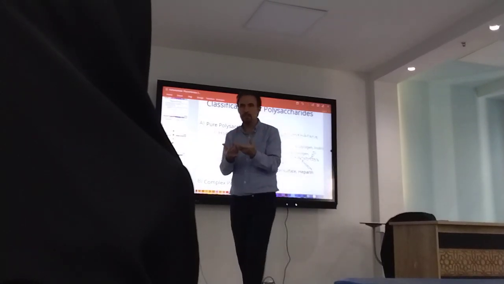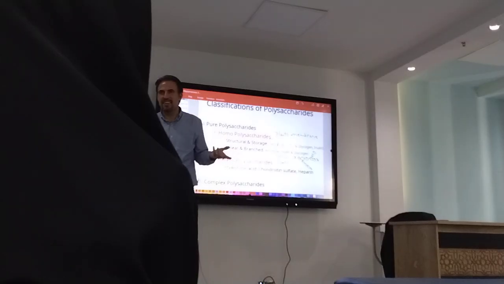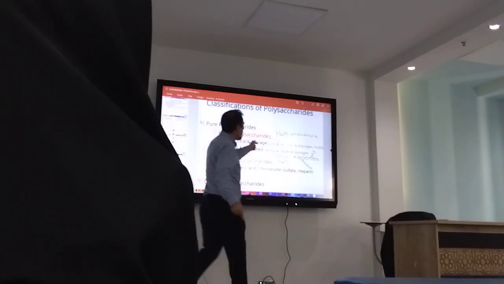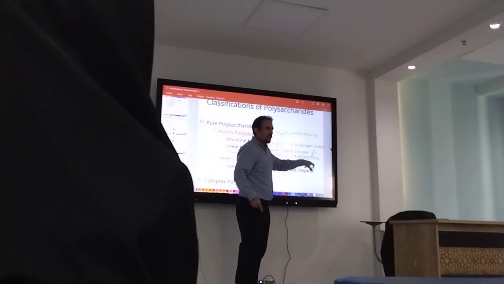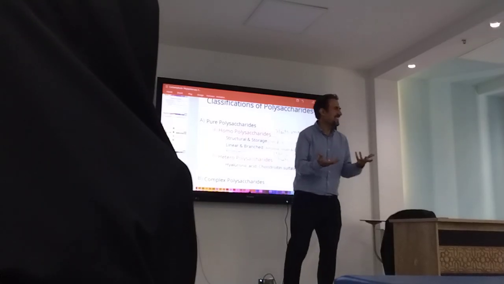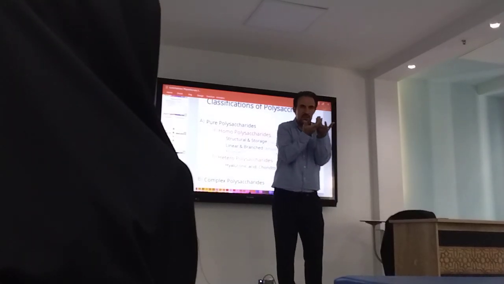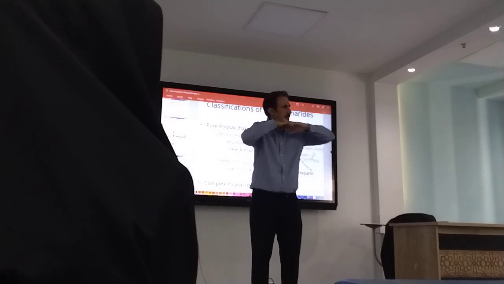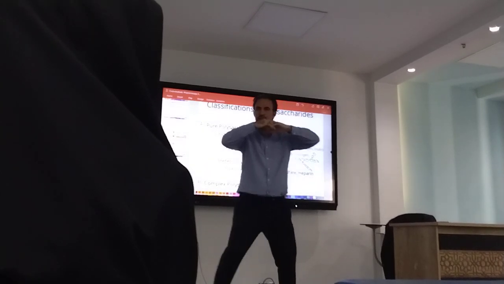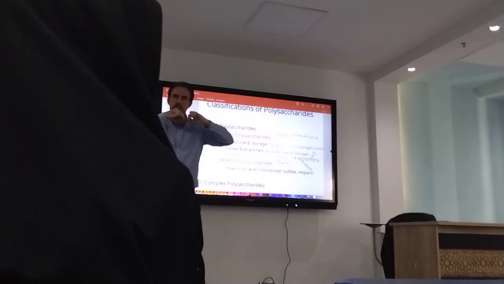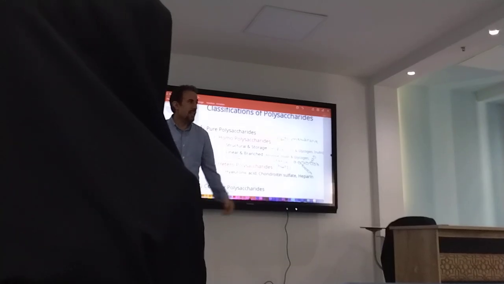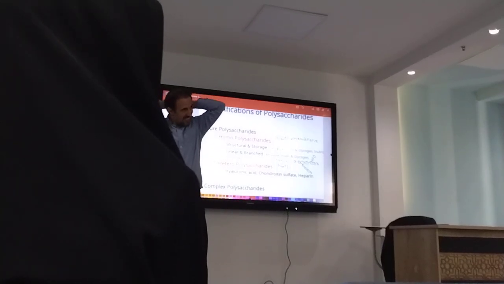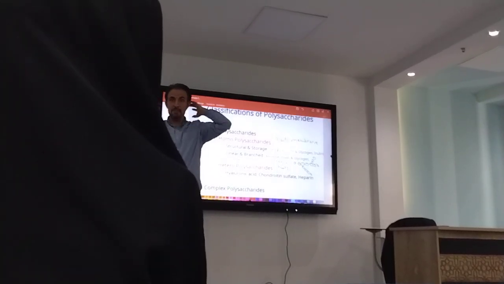If you consume vegetables, they don't produce energy. However, the units are exactly glucose, but their binding is different. In amylose or starch, the binding is like that, 1 to 4, 1 to 4, they are bound to each other. But in cellulose, it's like that, and we can't digest them.